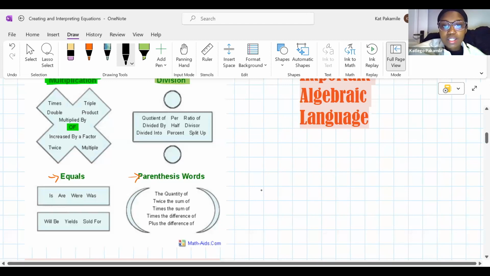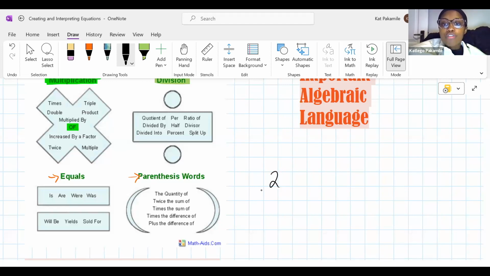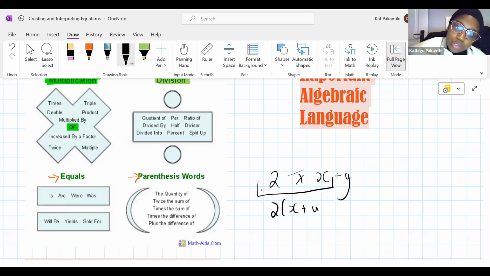So if I say twice the sum of x and y, if I don't add brackets there, then I'm going to end up multiplying 2 times x, which is not what I want. I want twice the sum. So those brackets will force you to first add and then double.